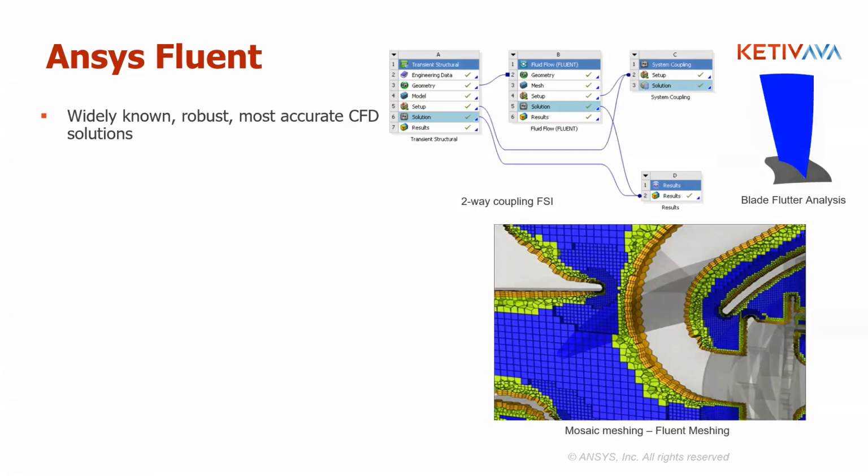When I say robust, what do I mean by that? Now, you know that any CFD solver is basically solving equations in the background, right? Now, the accuracy of that solve process depends on a lot of factors, because if you recollect, I mentioned that these solutions are not analytical solutions, they are numerical solutions.